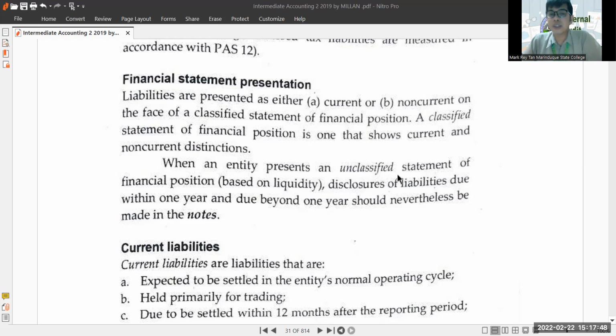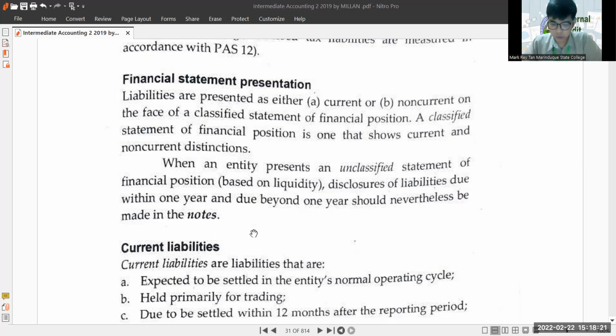In an unclassified presentation, based on liquidity, you only see the sequencing of all liabilities from the most liquid down to the non-liquid. So you cannot tell whether a liability is due within 1 year or beyond 1 year. That is why it should be disclosed in the notes.